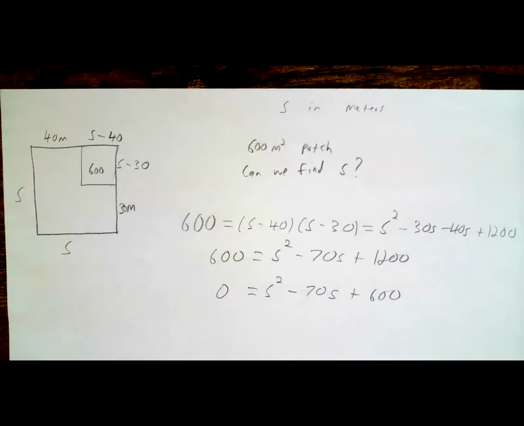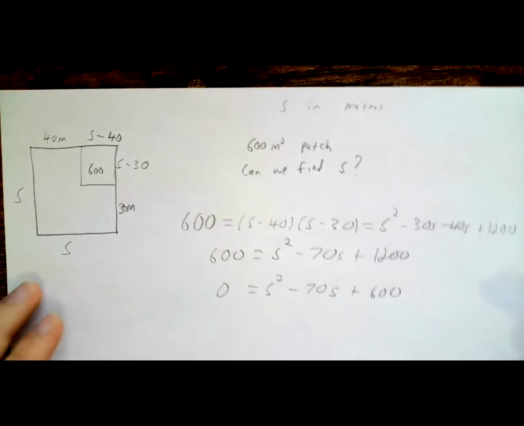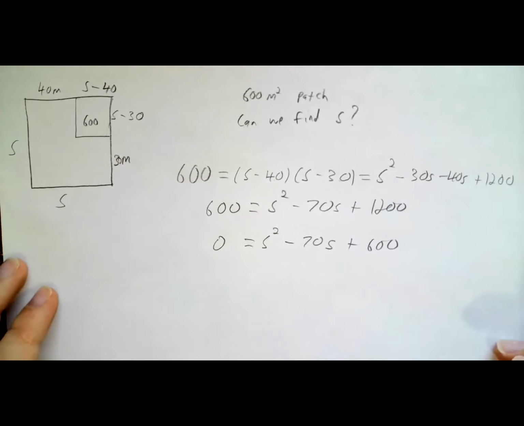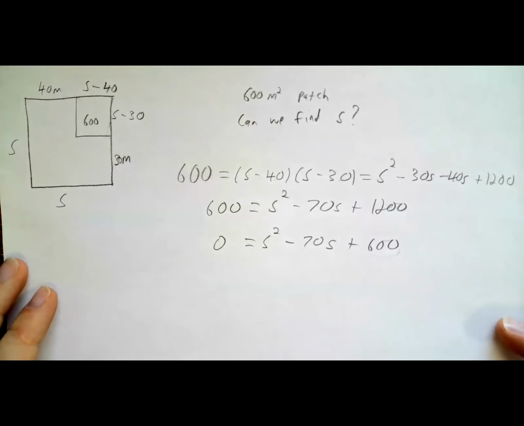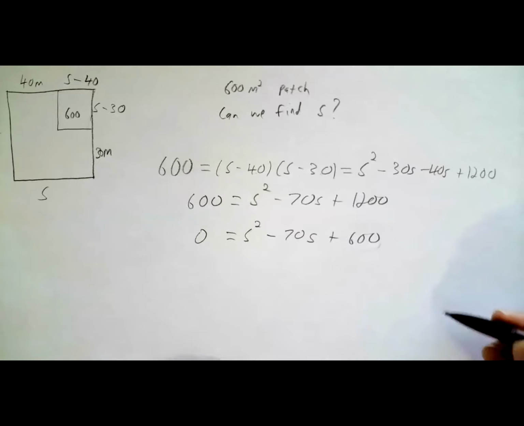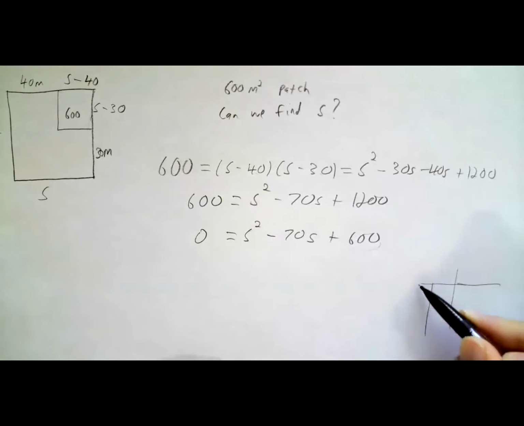In order to solve this, I need to factor the polynomial. So I need to find two numbers that multiply to 600 and add up to negative 70. And I start looking at my table. What's going to multiply to 600?